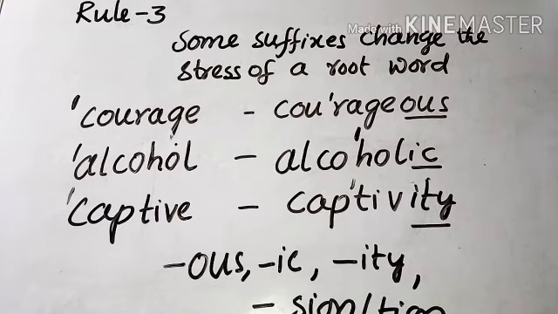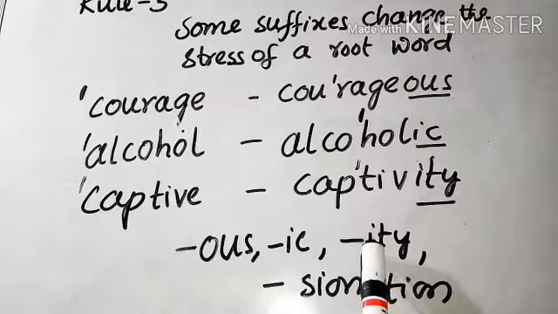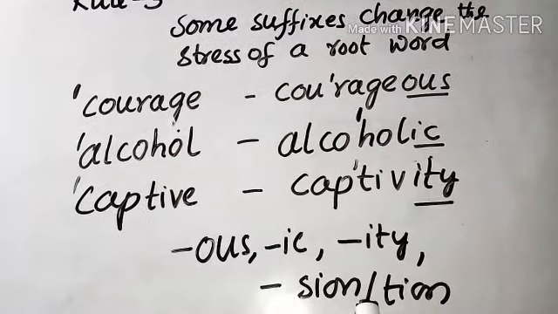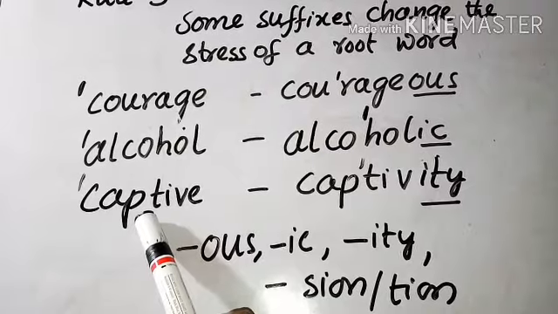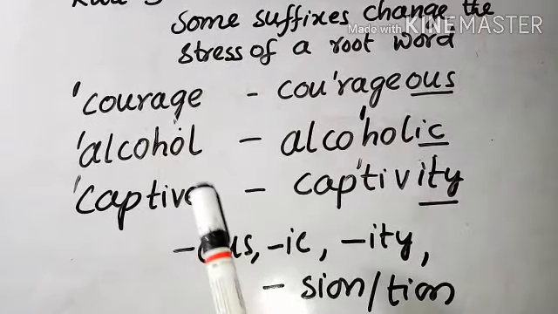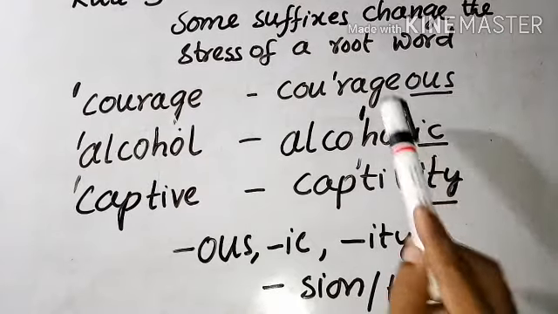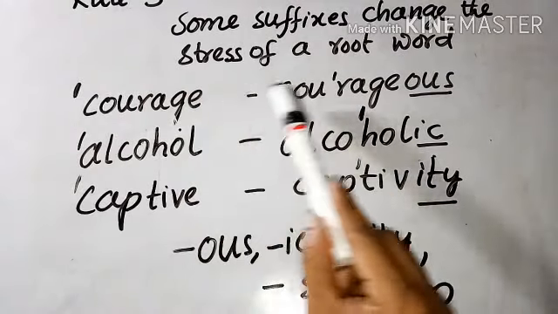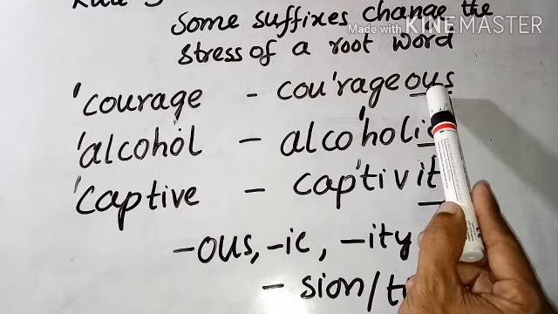So in these cases, when we have some suffixes like OUS, IC, ITY, SION, TION, when this is added to a root word, then the stress changes to the penultimate syllable.